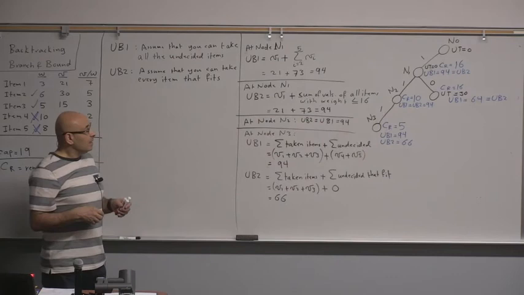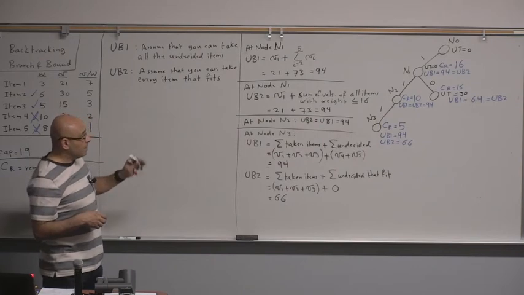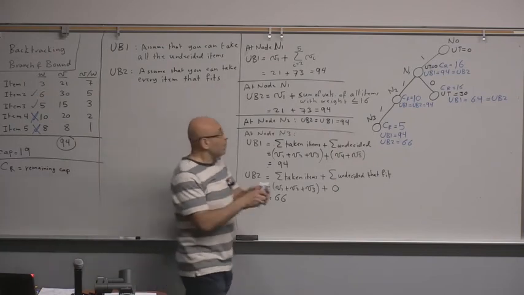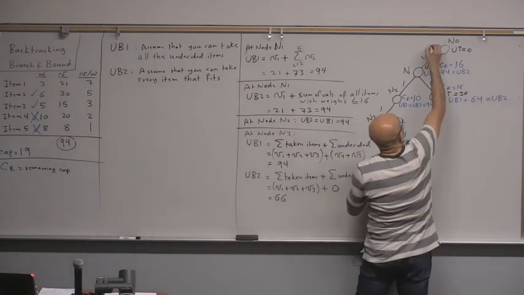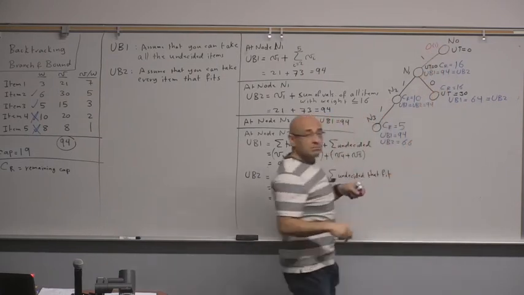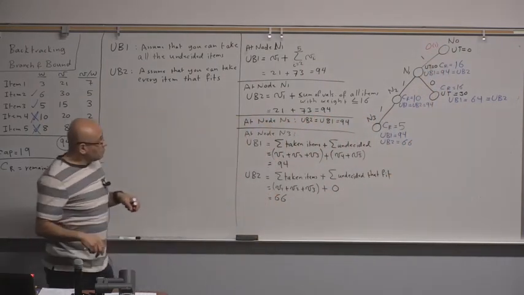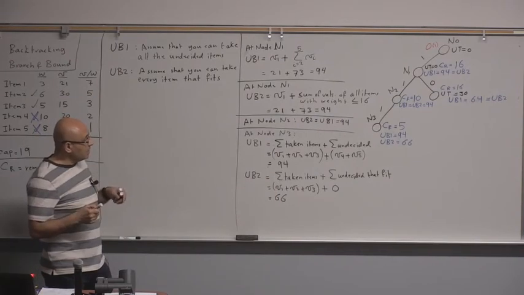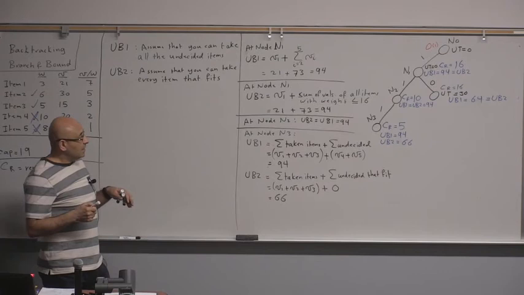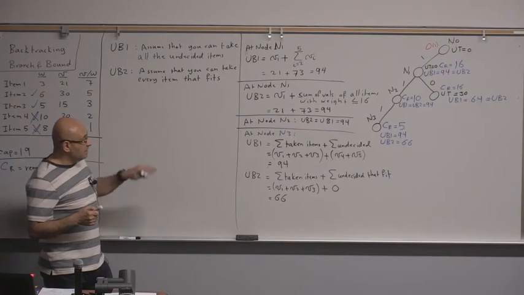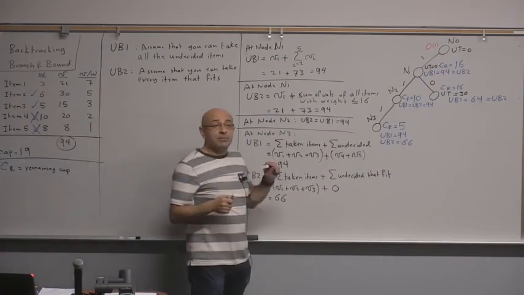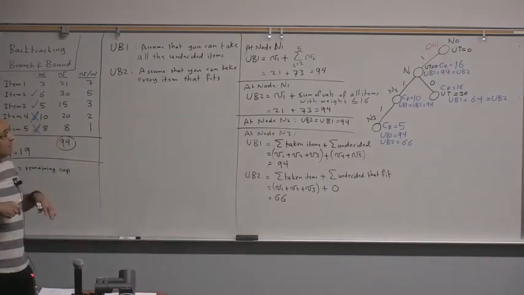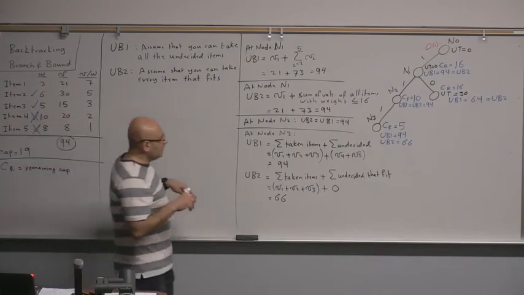Okay. Now these are simple lower bounds, upper bounds. We have seen that upper bound 1 can be computed in O of 1 time at each node. But upper bound 2, we cannot compute it in O of 1 time, at least as it looks on the surface, unless you use some special data structures to keep track of what fits and what doesn't fit.